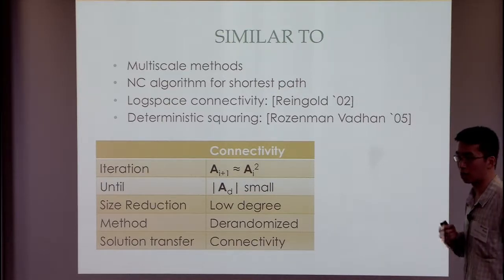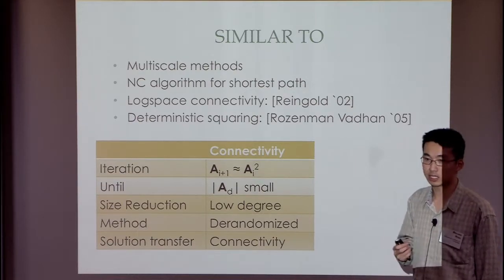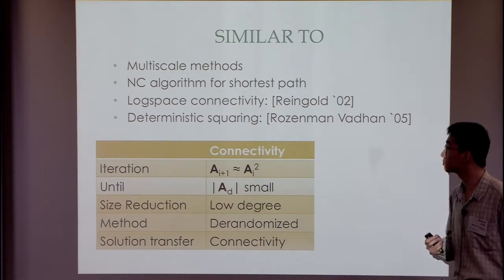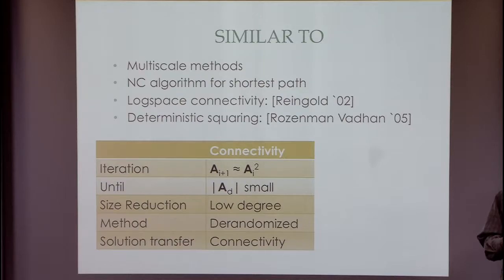The routines that look closest to what we're doing are actually the log space connectivity algorithms. This is the algorithm by Reingold that says that in log space I can compute whether 2 vertices are connected in an undirected graph. And in fact, there's a variant of it known as deterministic squaring by Rozenman and Vadhan that looks almost exactly like the kind of operation I'm doing here.